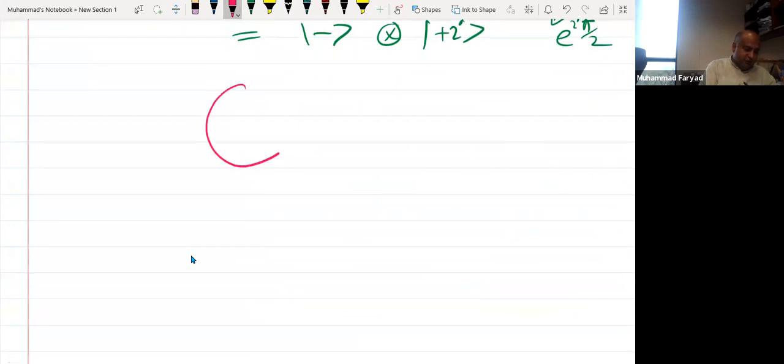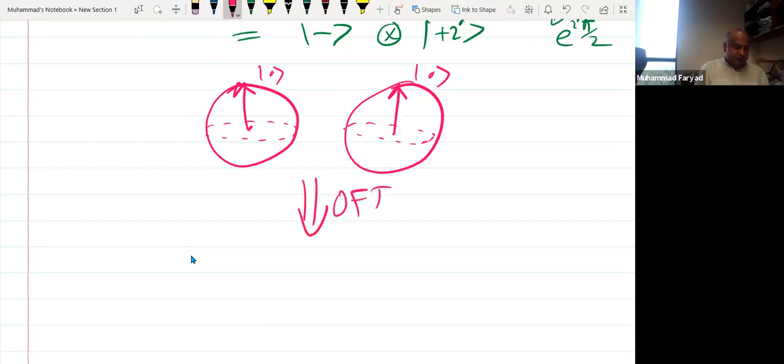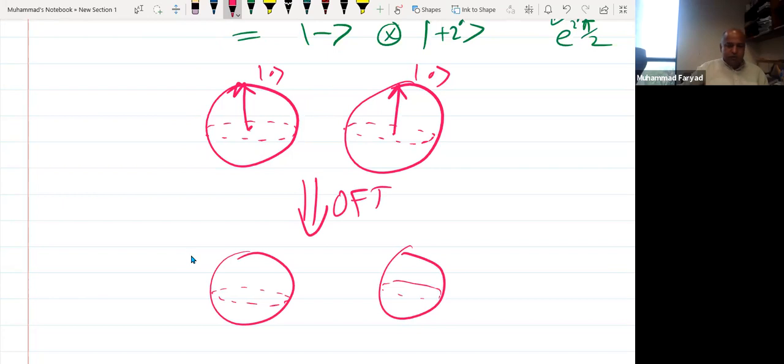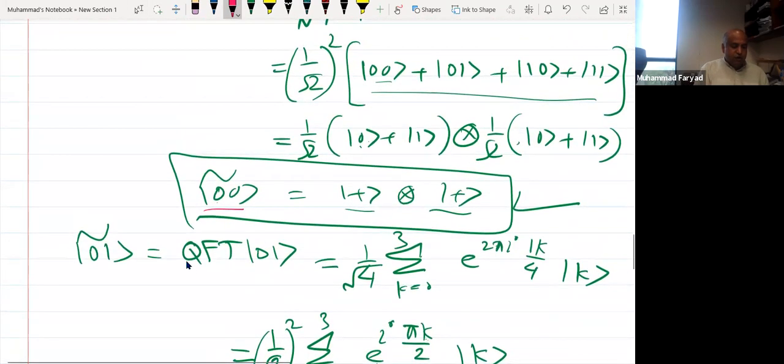So let's just see how the 0 0 state transforms. So 0 0 in computational basis state is like this. These were qubits before the Fourier transform, and once QFT is done, first of all, we see that the Fourier transform is not entangling the qubits, because after the Fourier transform, we were still able to write them as a product state.